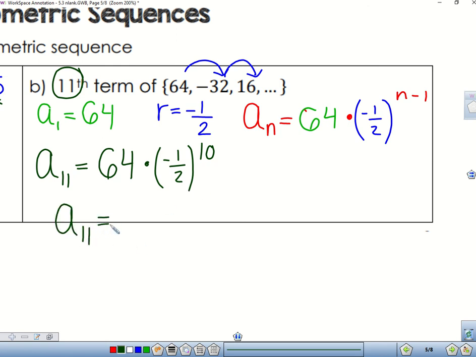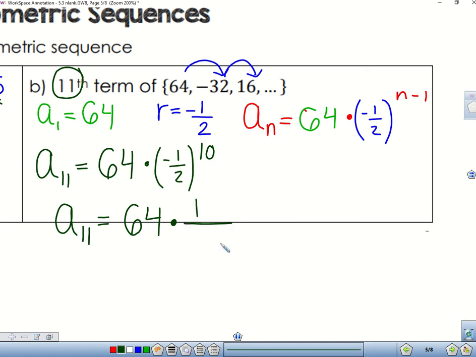So now if you want to raise a fraction to a power, you apply it to the numerator and then to the denominator. But anything that's negative to an even power is going to become what? Anyone know? Positive. Good. So 1 to the 10th power is just 1.